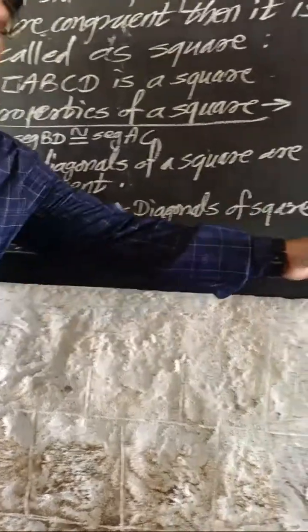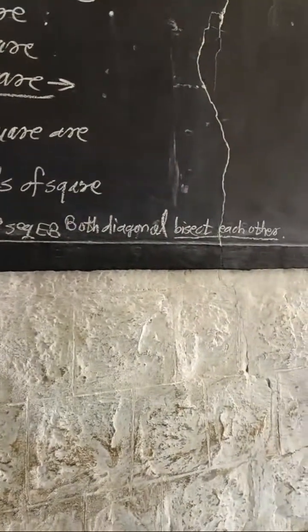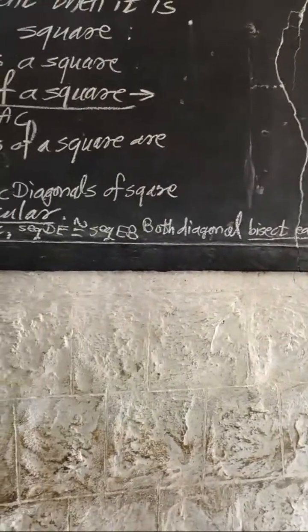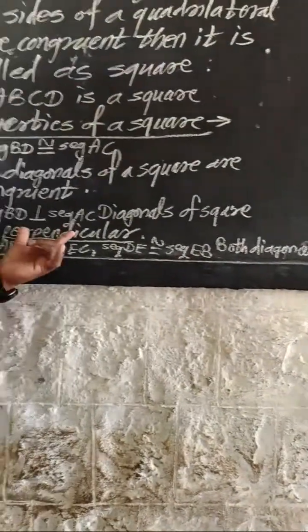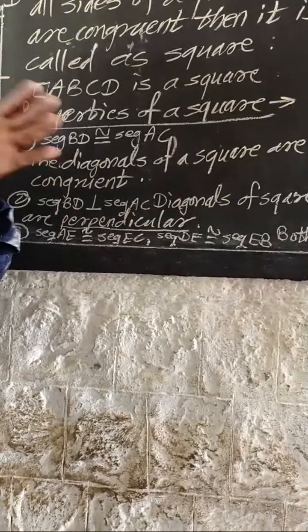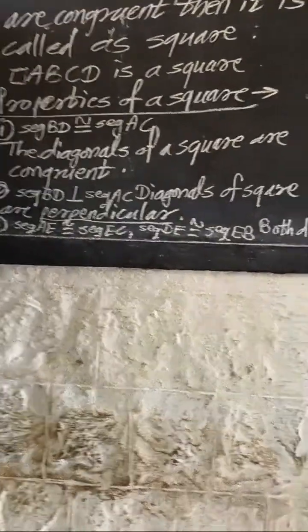We connect both words together, bisect each other and perpendicular, and we get one perfect word. Which word do we get?